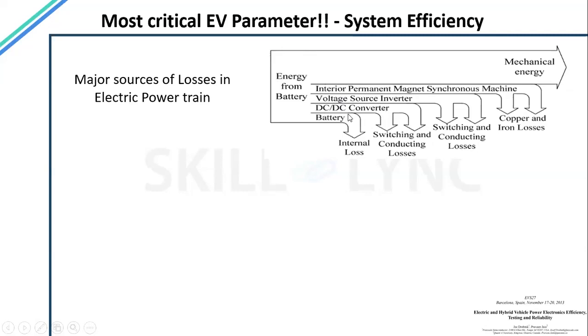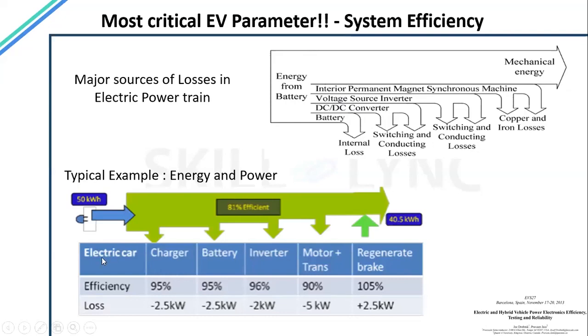The machine may have higher efficiency at, say, high or medium speed, while the inverter may not have high efficiency in those regions, right? So overall, we have to see how we can get a better efficiency, and we have to calculate at some point how many kilowatt hours of energy, because we are demanding not just power but also energy. So efficiency-wise, you can categorize those, and you can see the losses here are pretty high.